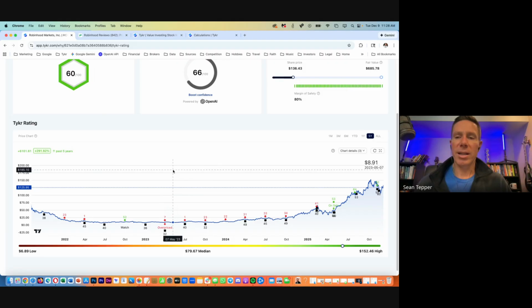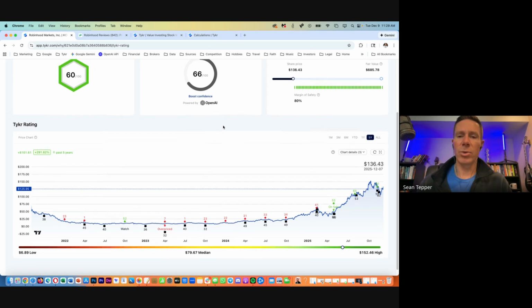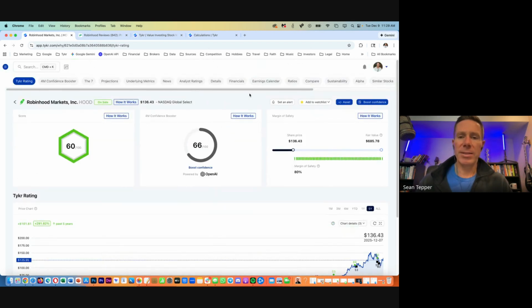But that caused a lot of other brokers to follow suit and create these platforms with a low barrier to entry. So there's, get this, over 300 million retail investors around the world on just the top 25 brokers. And Robinhood, I think today they've got about 26 million. I could be wrong on that. That's the last time I checked. So massive, massive audience, and there's still room to grow. All right, let's keep going.